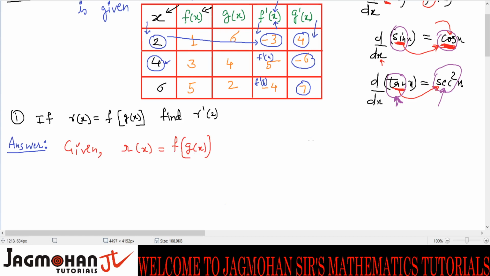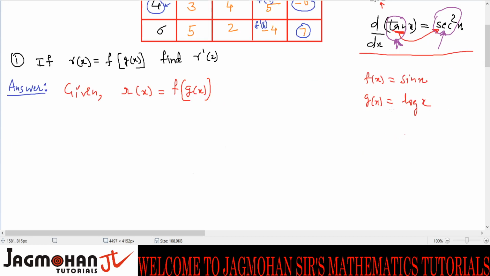What does that mean? It simply means, suppose you have f of x as sine of x, and you have g of x as, say, log of x. So when f of x is sine x, g of x is log x, what would be f of g of x?